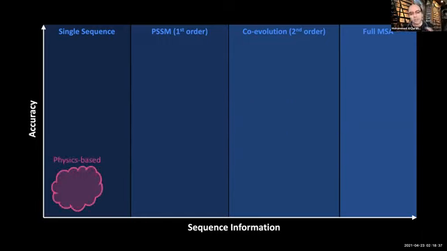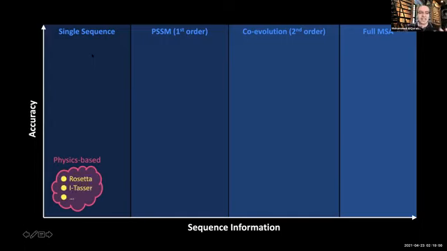If you look back at the earliest methods, dating back to the 90s with Rosetta, these were inspired by the idea that you could use a physics-based model, an energy function, combined with sampling to get at the lowest energy state of a protein that would presumably correspond to its native state. In this context, the inputs are basically just single sequences of proteins.